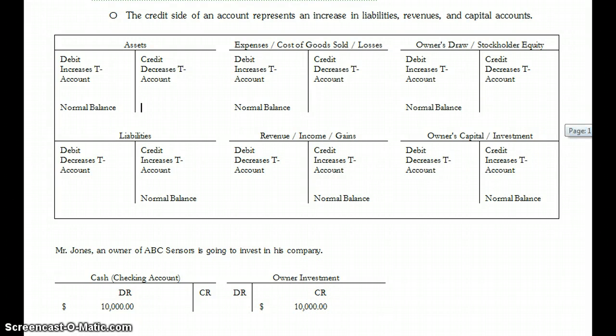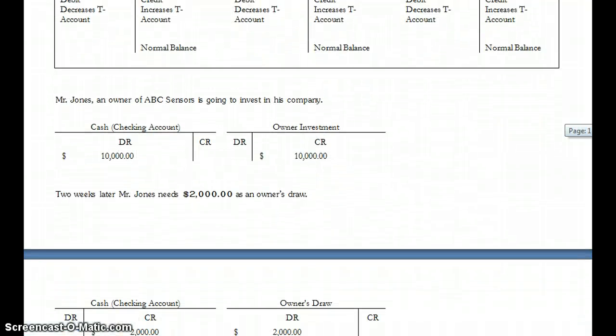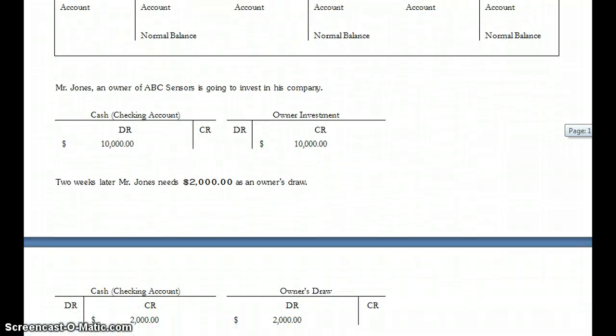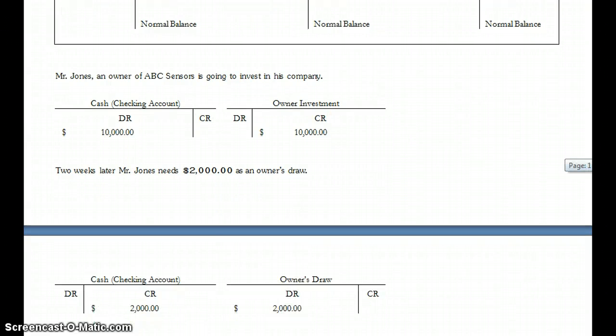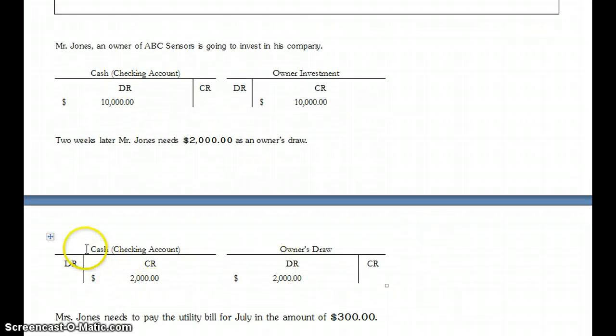My next example is going to show you what an owner's draw is and how that's going to affect the T account. Two weeks later, Mr. Jones needs $2,000 as an owner's draw. Remember earlier I was talking about the cash account, which is an asset account. The normal balance is a debit to that account. That's when we're increasing that account. But now we're taking money out and we're going to give this owner some of his money back.